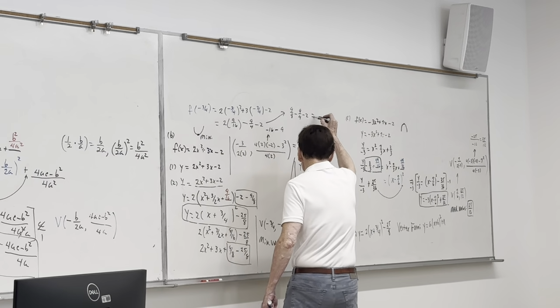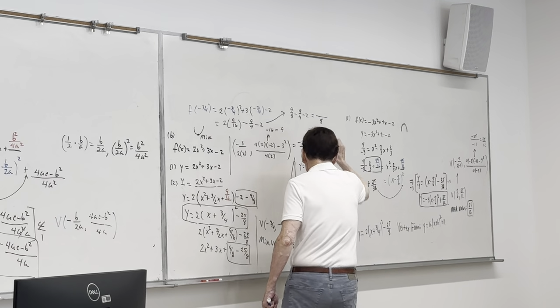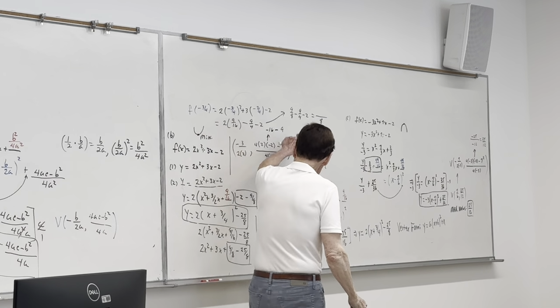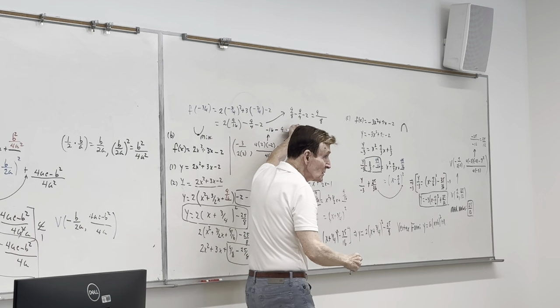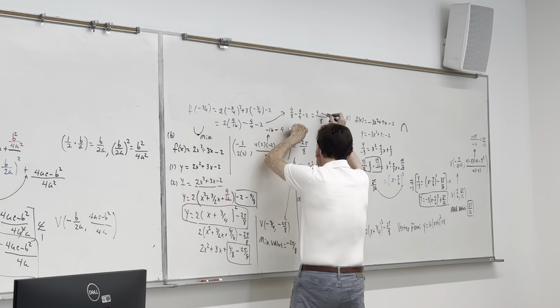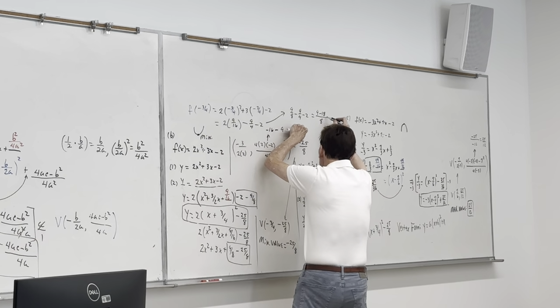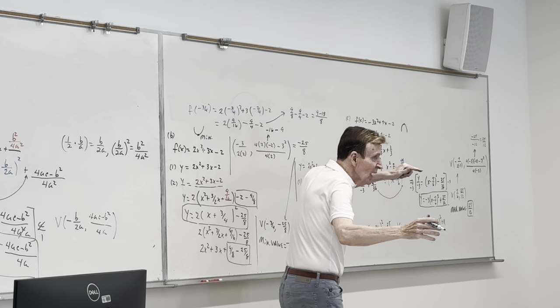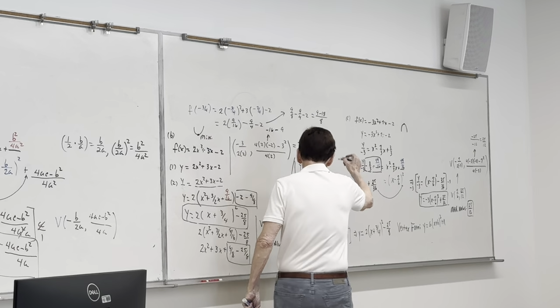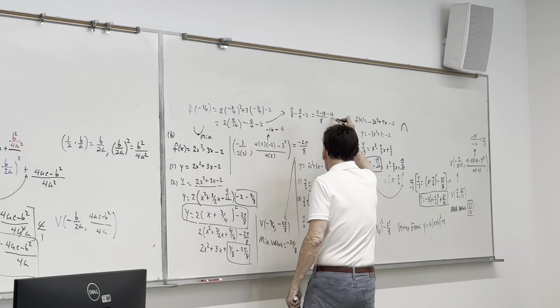Put all those together with the common denominator 8. That will end up 9. Help me out. Multiply this by 2, get an 8. That's an 18, I think. And minus 2, think of it as what? Minus 16, I guess.